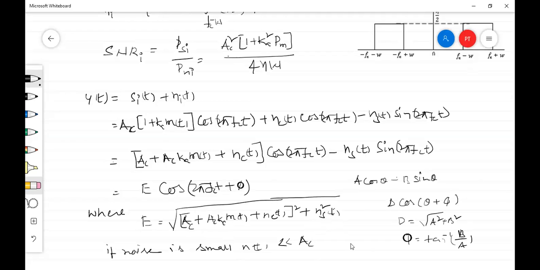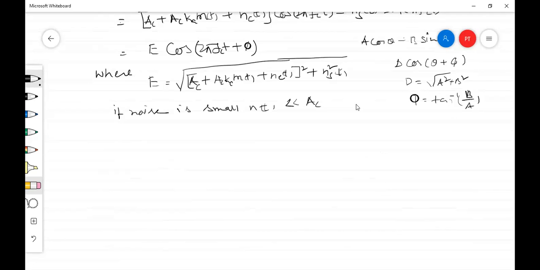So we can write E as simply this one. Under the square root, the square will get cancelled, giving only AC plus AC KA into M of t plus NC of t, isn't it?